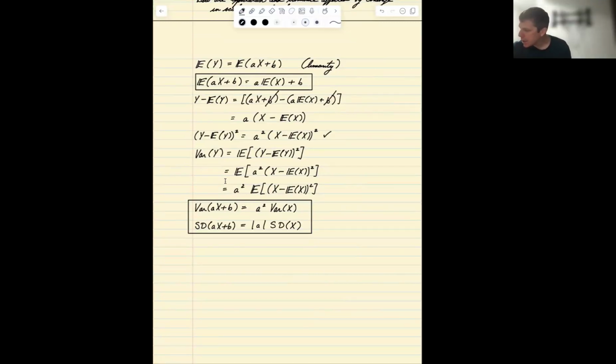Why? Because, think about it. Suppose this is how the variable varies. So it looks like this, but then we add b.